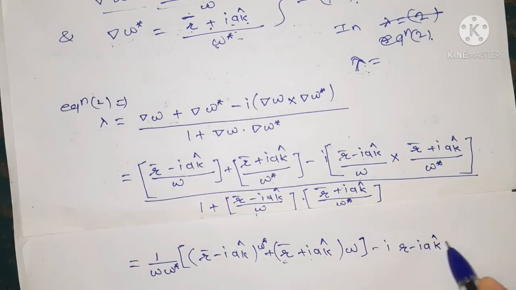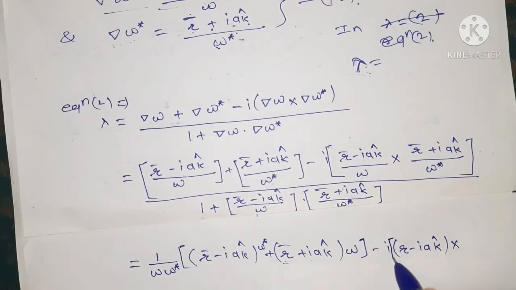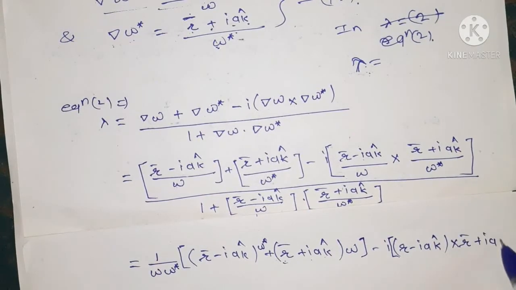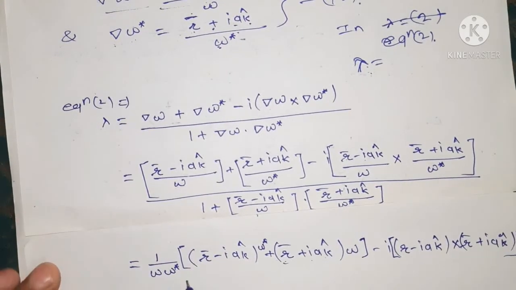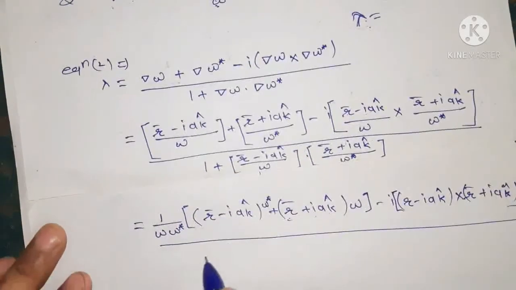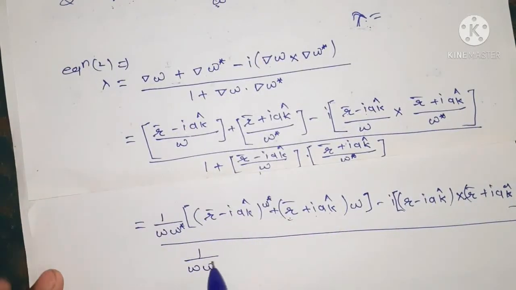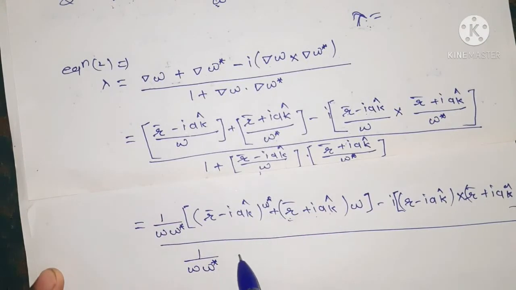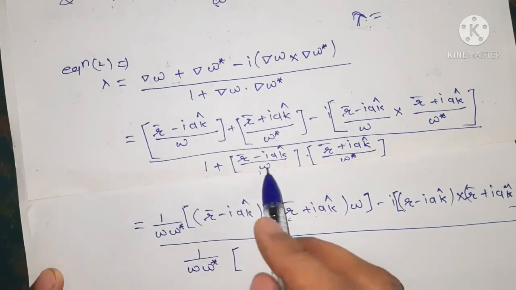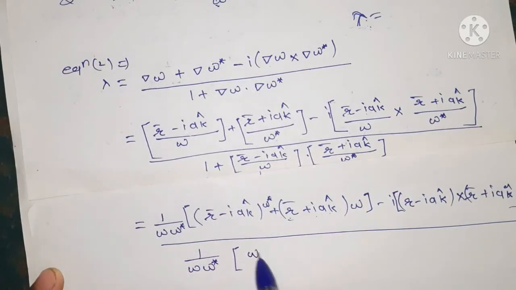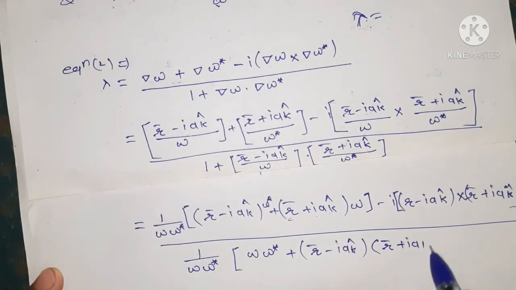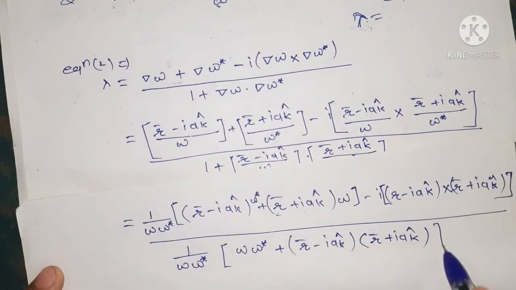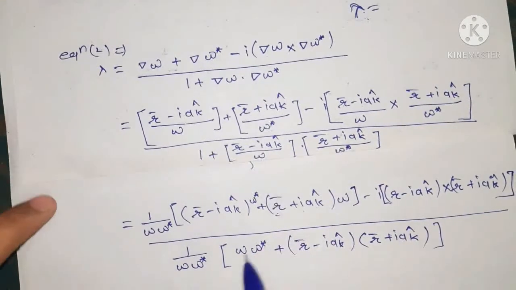In the denominator, taking 1 upon omega star again as common, we have omega into omega star plus r bar minus i a cap into r bar plus i a cap, this is in a dot product.